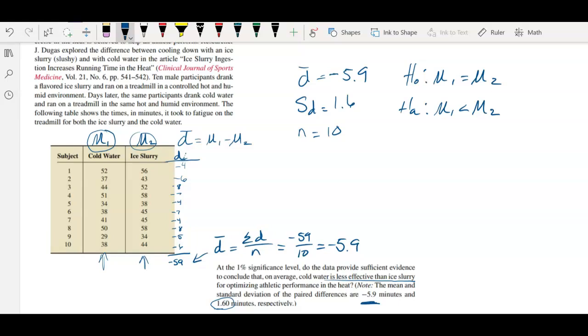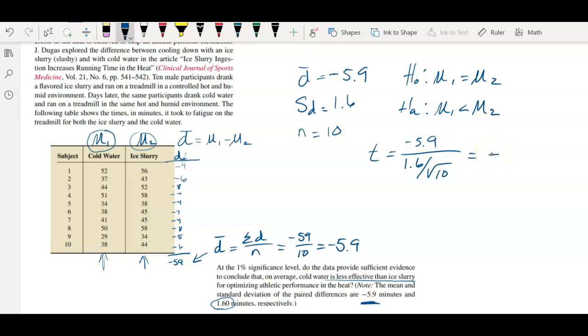Okay? Now, we take our formula. T equals D bar, negative 5.9, divided by the standard deviation over the square root of 10, and hit pause and calculate that. Sorry, I think there's a lawnmower in the background. I'm sitting outside, so I apologize for that.